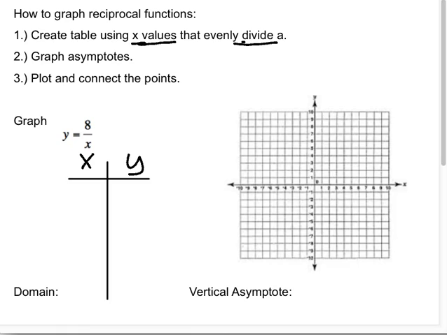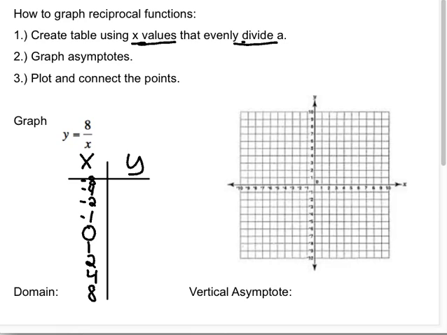Numbers that divide that value. So I'm going to start with 0 in the middle. 1 divides 8, 2 divides 8, 4 divides 8, and obviously 8 divides 8. Then, of course, there's the negative numbers. So you do want to make sure you're including negative values in these as well.